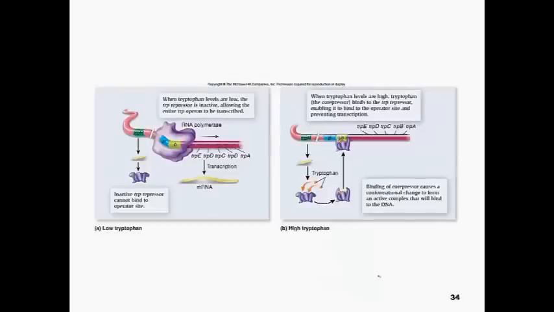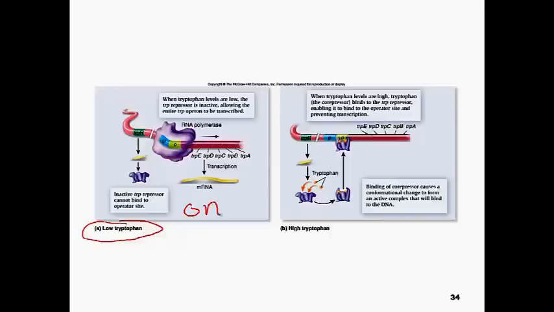Let's take a look at it. There are 5 structural genes, all of which contribute to tryptophan biosynthesis, produced as a polycistronic message. When tryptophan is low or absent, RNA polymerase is going to freely bind and express it. So the default state here is on.